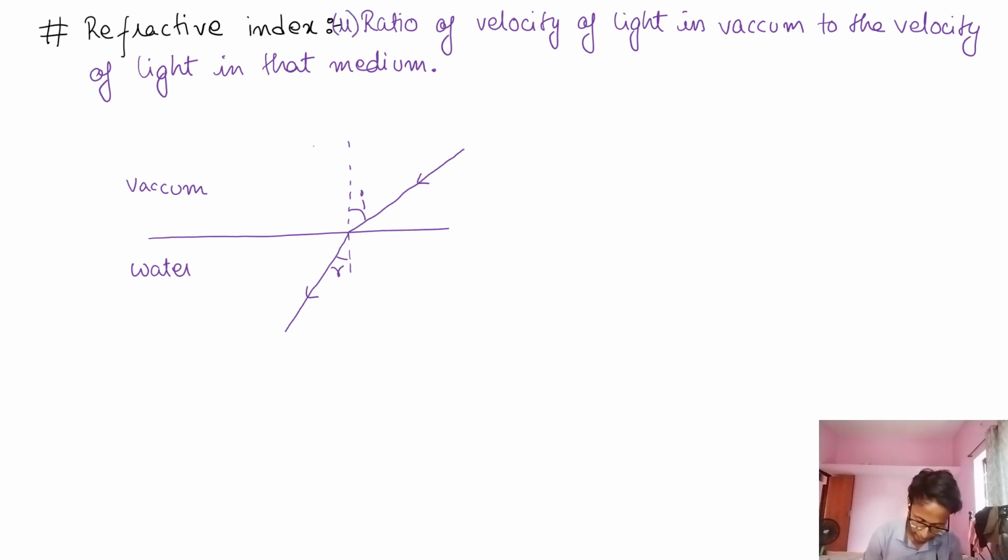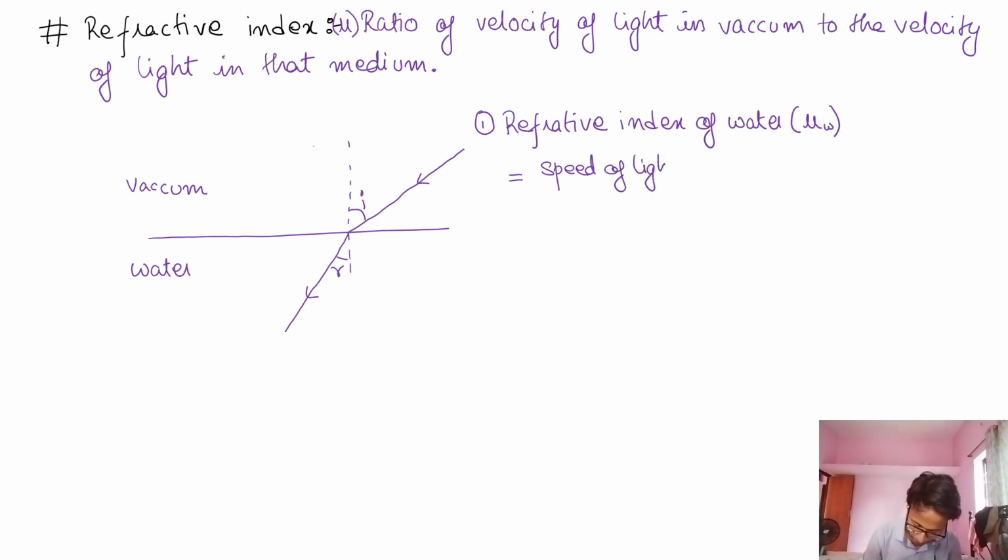The refractive index is determined by mu. The refractive index of water is given by mu of water is equal to speed of light in vacuum divided by speed of light in water.